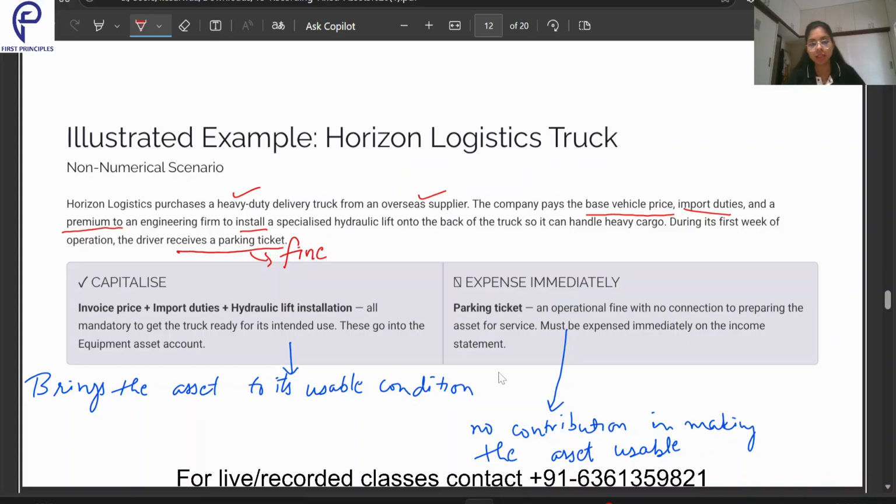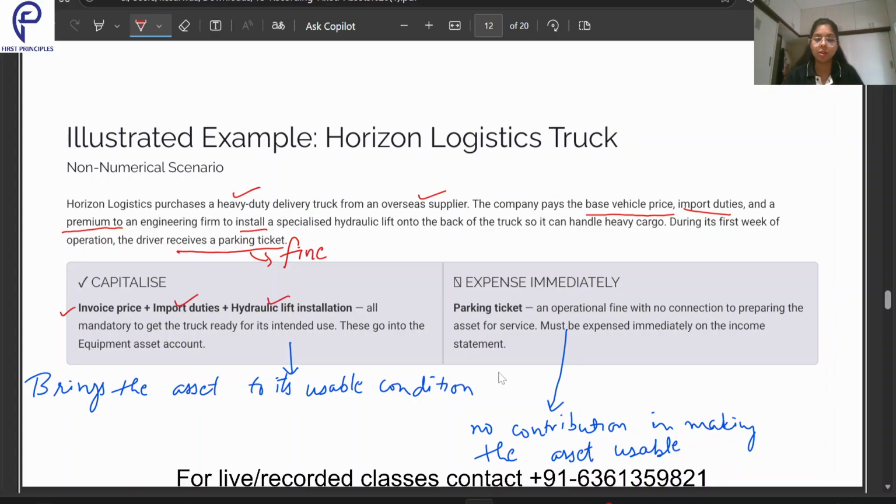Now which of these costs should be capitalized and which one should be expensed immediately? The costs we have paid in bringing the asset to its working condition, its usable condition: the invoice price, the import duties and the hydraulic lift installation.